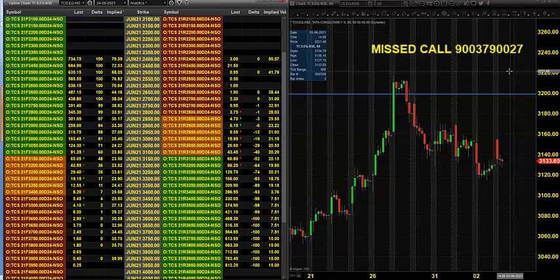As a buyer, he has paid the premium, and the seller would have received the premium, and the seller has got the obligation. So the exchange will assign it to any seller randomly. They will allocate it, and hence the things are settled. So even if there are no sellers, at any point of time in between the expiry, a person can exercise his rights.